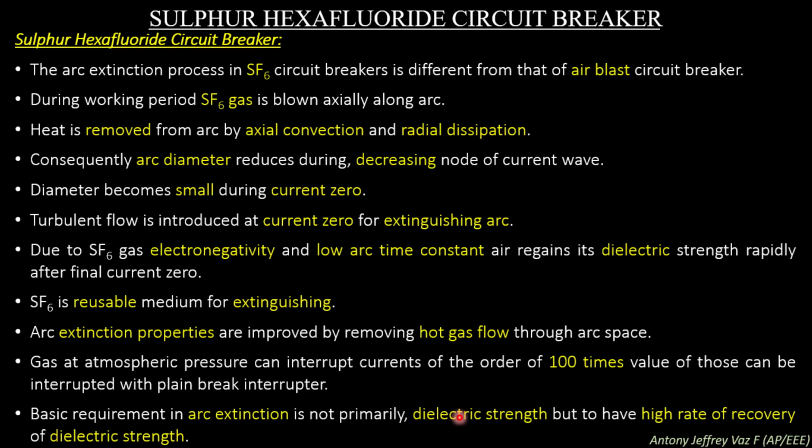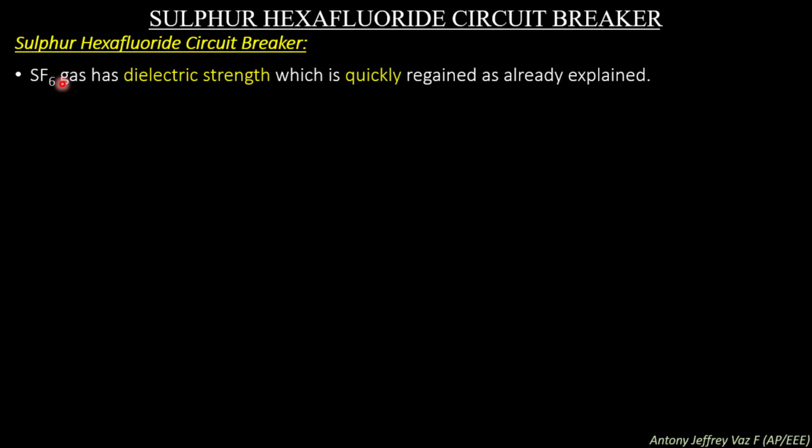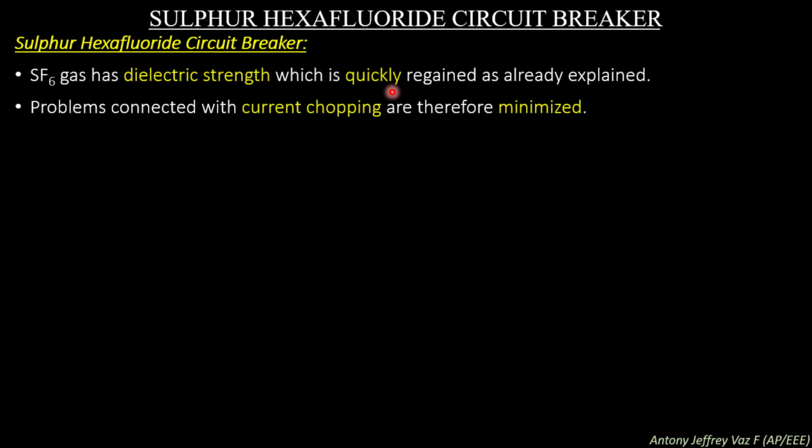SF6 gas has a very high rate of rise of dielectric strength, and it can be used for arc extinction. The dielectric strength is quickly regained, as already explained. Problems connected with current chopping are therefore minimized easily. So when the dielectric strength of the gas is regained at a faster rate, current chopping will be minimized.